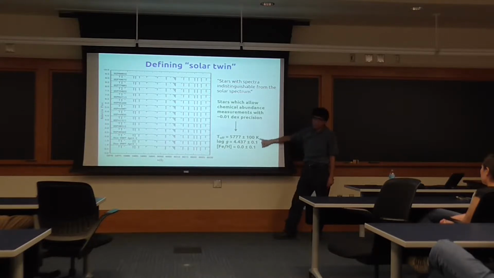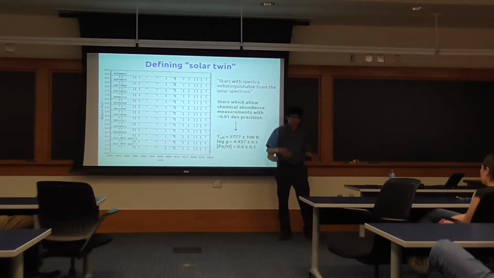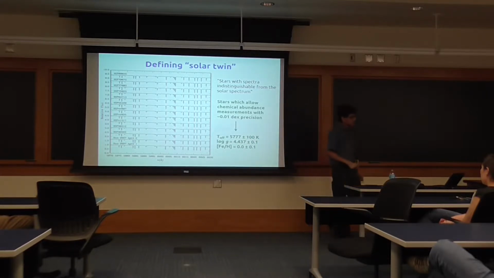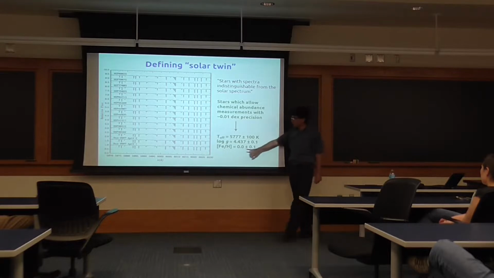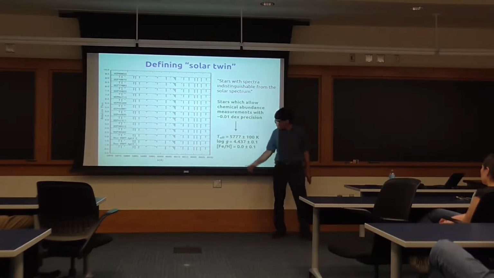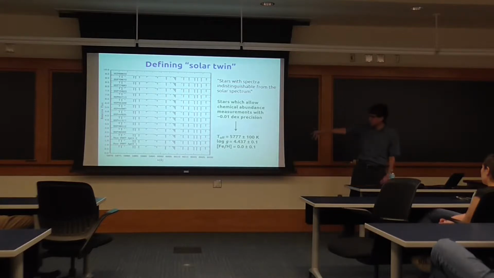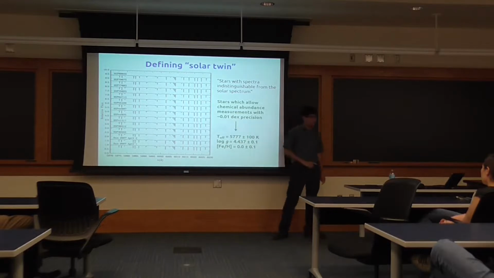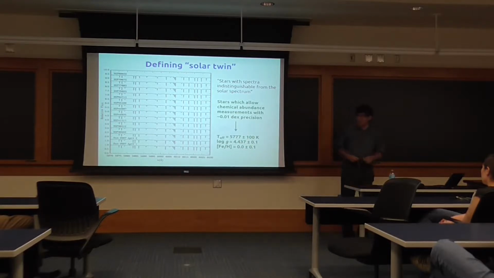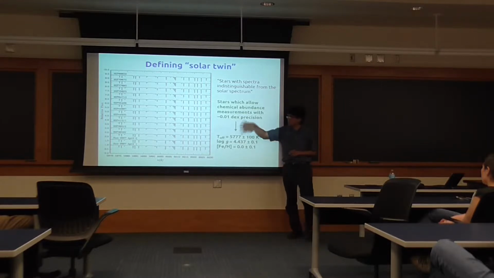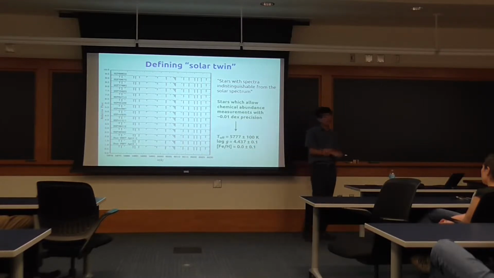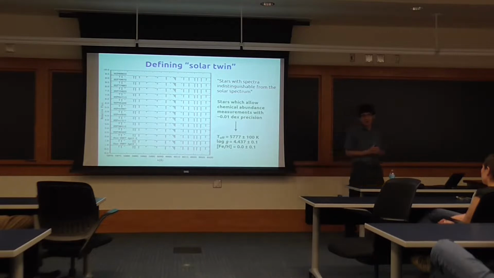And this is what it ends up being in terms of stellar parameters. It's about plus or minus 100 degrees from the solar temperature, 0.1 from the log of the surface gravity, and 0.1 from the iron abundance. So if the star has parameters within those ranges, then we can get this kind of precision, provided we get very high signal-to-noise data, again, because the errors in the parameters that we derive are dominated by observational noise.